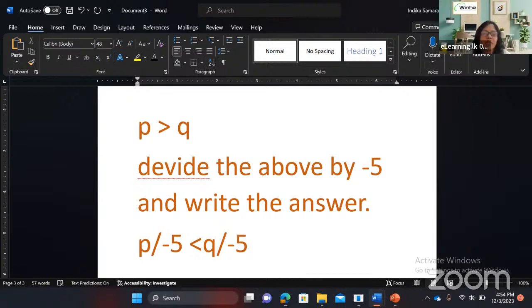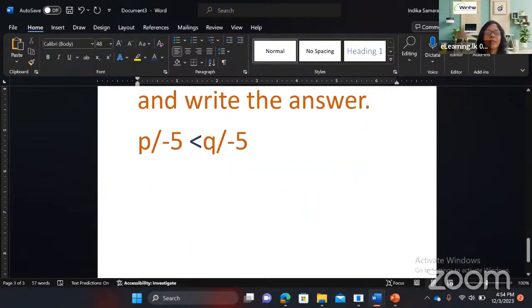Whatever the value was, P or Q, if you divide or multiply by a minus value, then the inequality sign will change, right? That is what you should keep in mind.